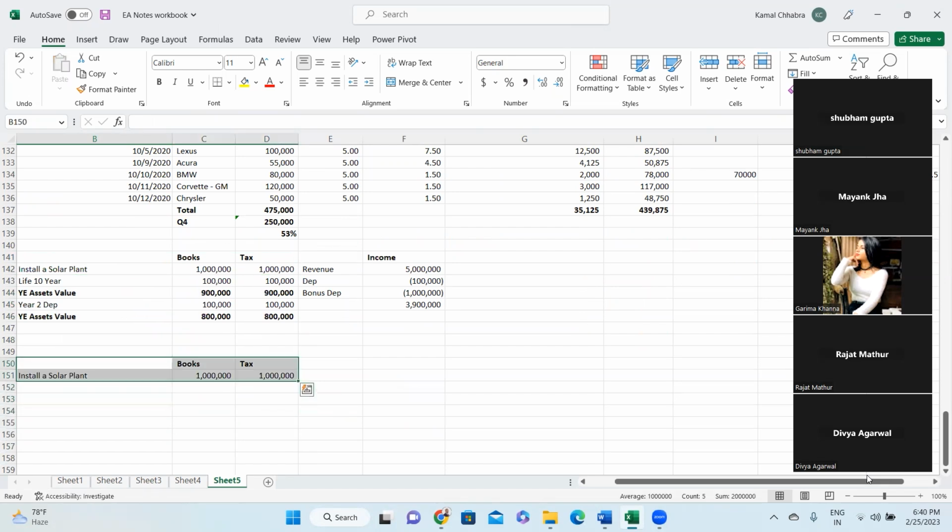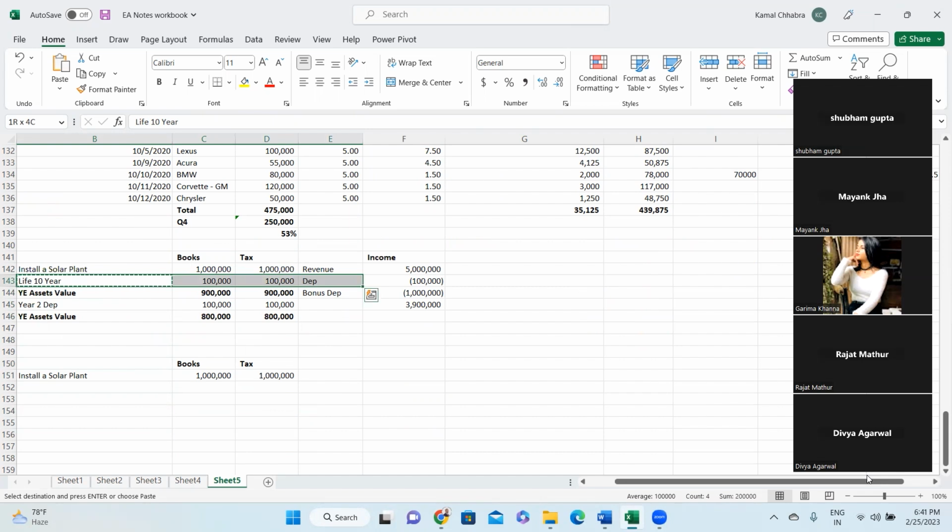Let's say you have a solar plant for $1 million, and the life is 10 years. For tax purpose, life is also 10 years.